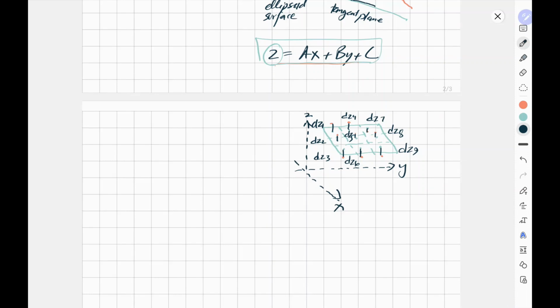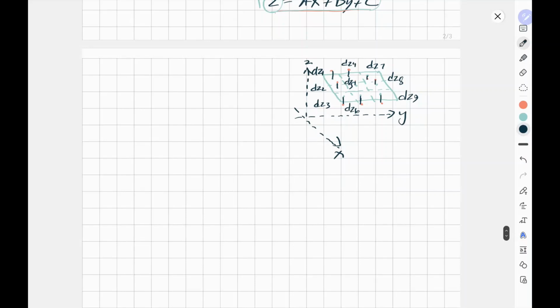Now you try to minimize this delta z using a method known as the least square fitting method, in which you compute the sum of delta z from 1 to 9, take its square, and try to minimize it.